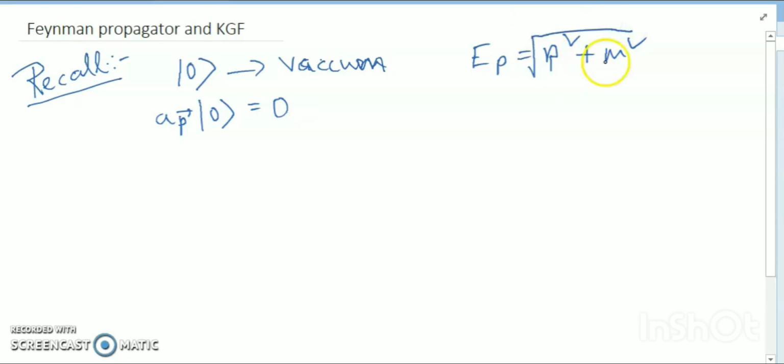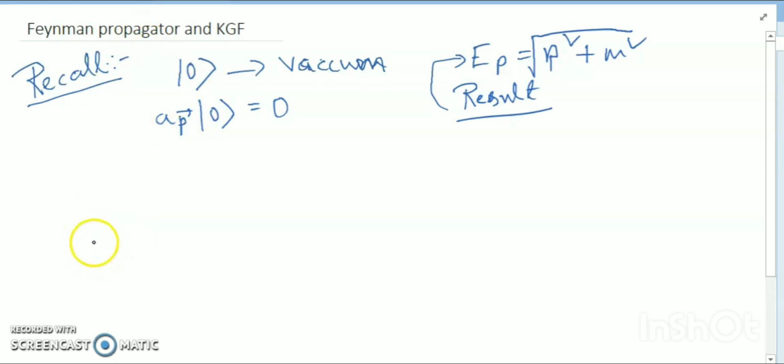This is an important result. You need to remember it. Now we start everything, because it is very helpful for all learners who want to learn the Klein-Gordon field propagator and Feynman propagator. So my topic is the Klein-Gordon field propagator and Feynman propagator.